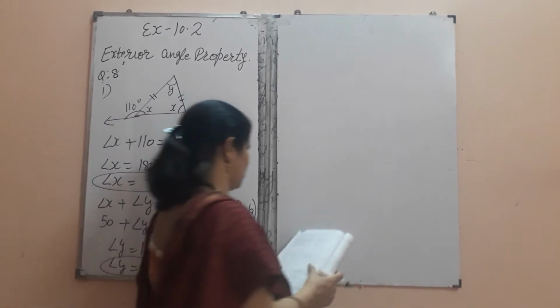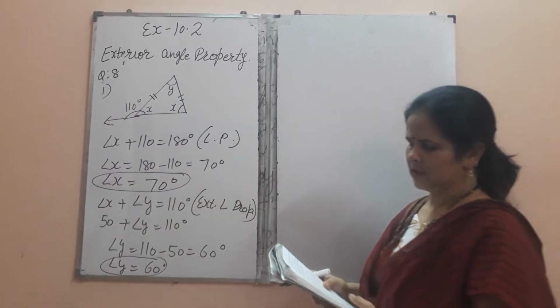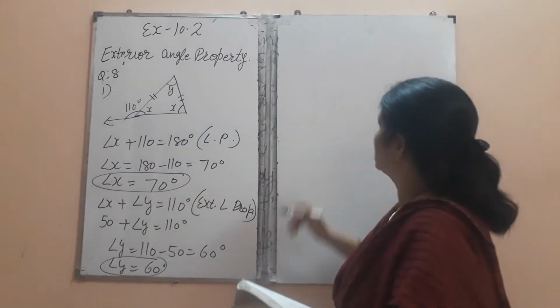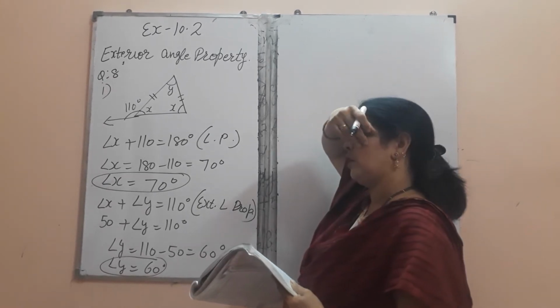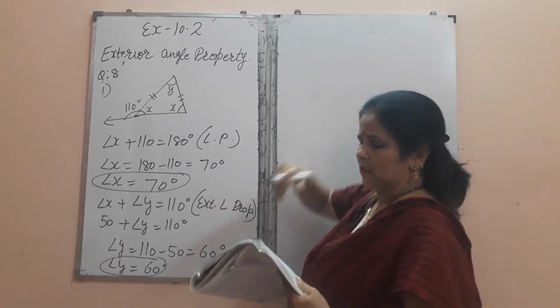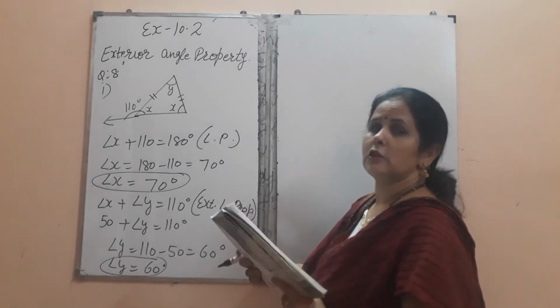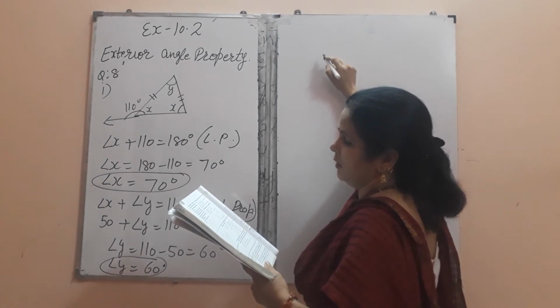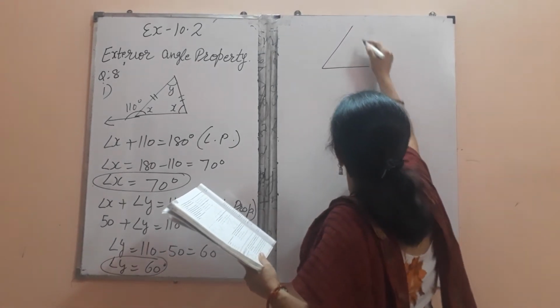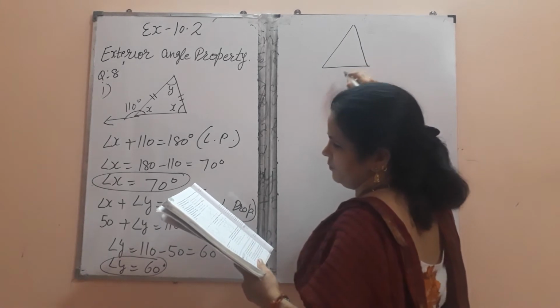Next is the second question. In this also, in the same way, we will use that angles of opposite equal sides are equal. In this the question is, the figure is this way.